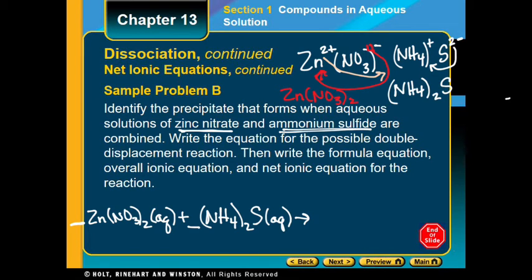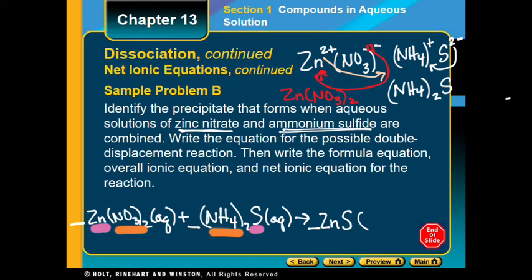In a double replacement reaction, it's always cation first, anion second, so you take the cation of one and the anion of the other, and you put them together. Again, this is based on charge. So when I put zinc and sulfur together, zinc is a 2+ charge, sulfide is a 2- charge, so those charges cancel.